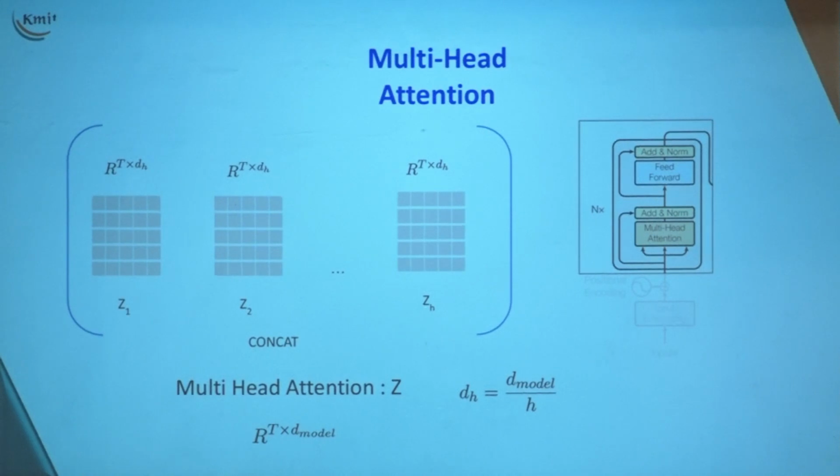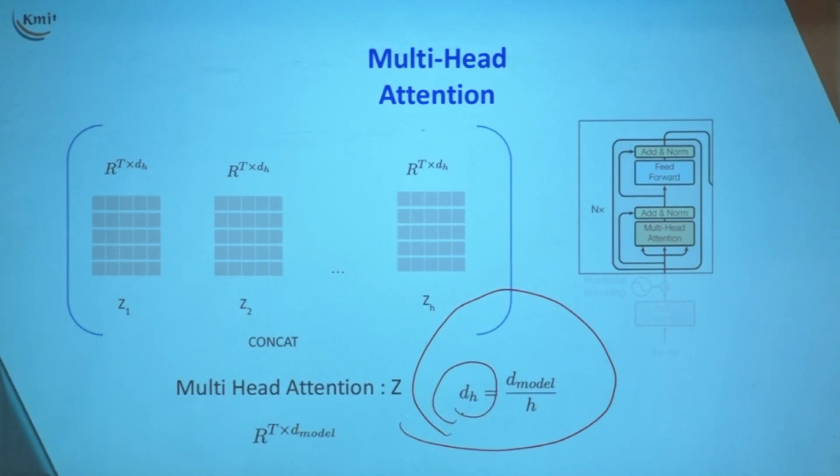Okay. Now, what is this multi-head attention doing? How many heads do we have? That depends on what? This is very important. The output of the multi-heads depends on d model and the number of heads we take. What is d model? Dimensions.